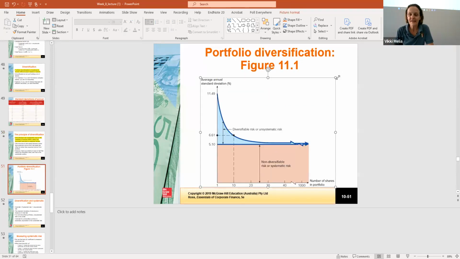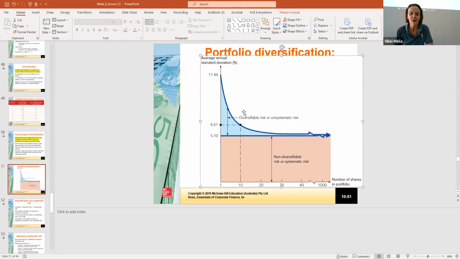This graph that's included in here just shows the blue section is the unsystematic risk, and the pink, I don't know what color that is, the pink section underneath is the systematic risk. And as we add assets into our portfolio, it starts at 1. The number of shares or assets increases here to 100.